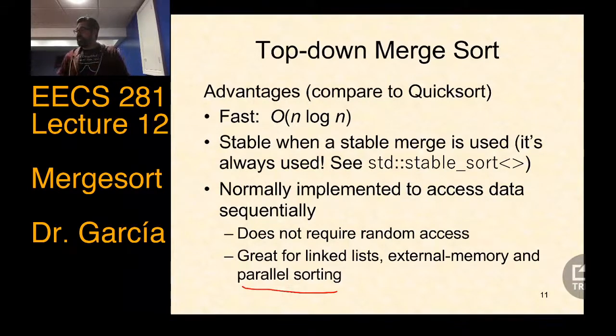I was wondering, why would you create an array and then copy and delete rather than just pass in an array? Passing an array seems like it would be much more efficient. I guess that's a matter of style, of what you would assign merge to do, whether it would create the output array or not, or whether it's the scope of merge sort that it should create the output array and then pass it to the merge function.